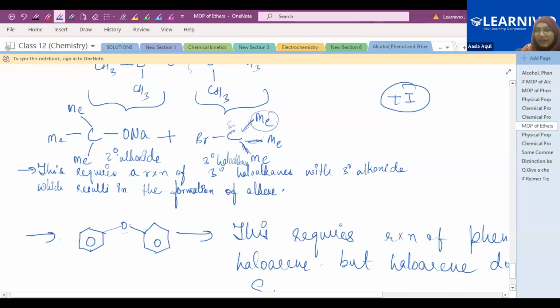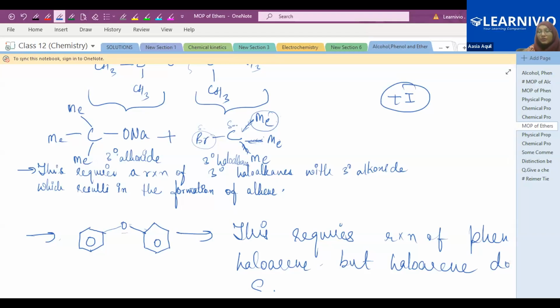So इस पे carbon पे आ जाएगा negative charge, partial negative charge. And this bromine, because you know very well, bromine is more electronegative. So that's why ये भी electronegative है, and due to the plus I groups, the carbon will acquire a partial negative charge.